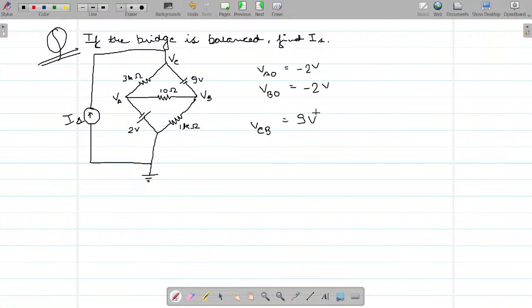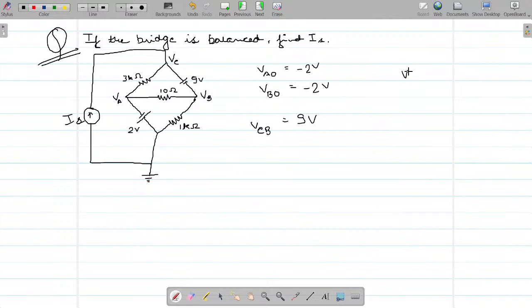If it is 9 volts, can I say, because the bridge is balanced, A and B are equipotential? If they are equipotential, what is VCB?